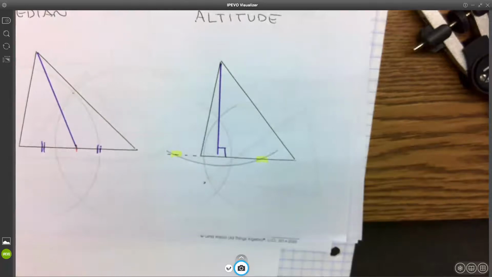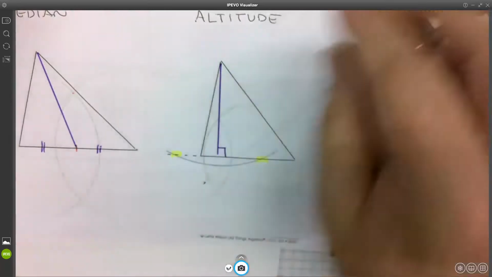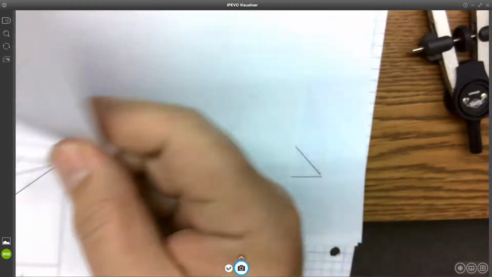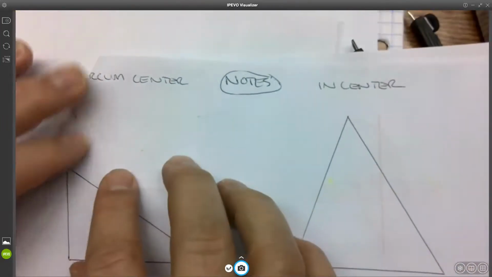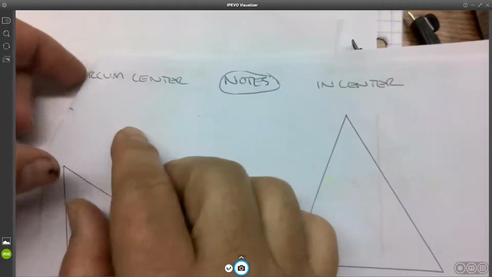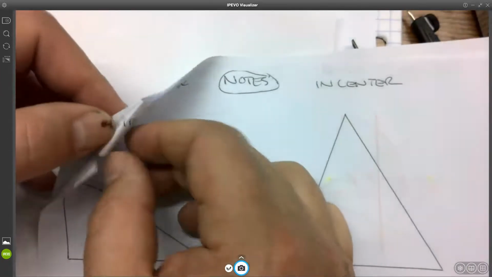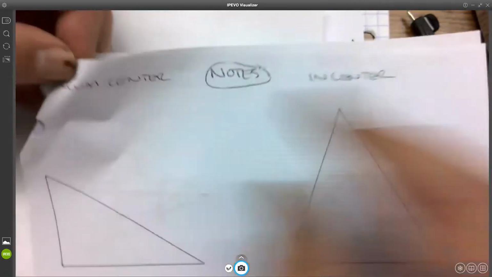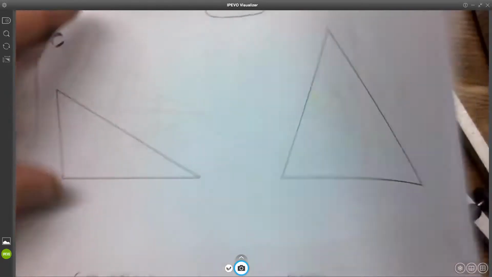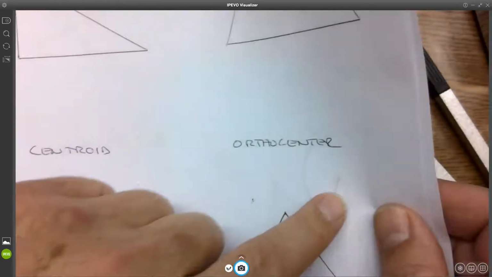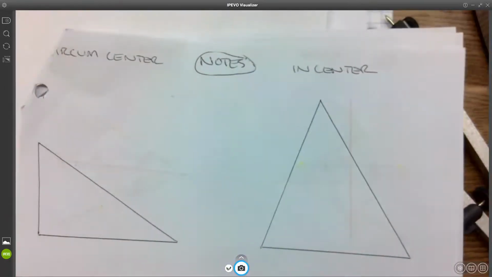Okay, good. Now, remember last class we talked about triangle centers? Circumcenter, in-center, etc. If you flip to the back page of notes, the back side of what you were working on before, you'll notice that mine isn't stapled very well, but this is the circumcenter, this is the in-center, this is the centroid, and this is the orthocenter.